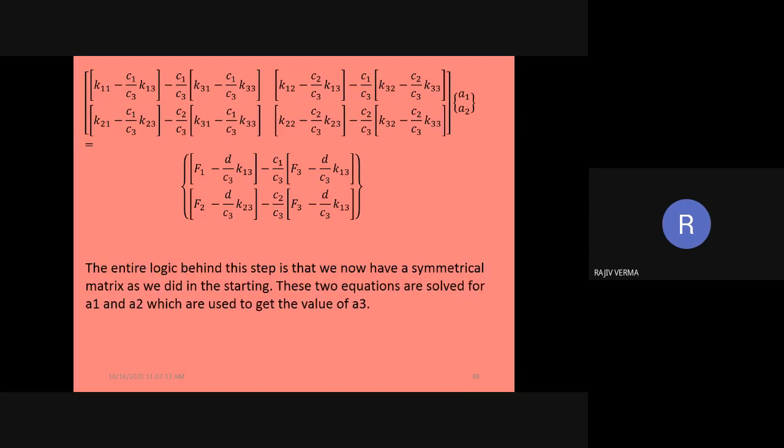The entire logic behind this step is that we now have a symmetrical matrix as we did in the starting. These two equations are solved for A1 and A2, which can be used to get the value of A3 from the constraint equation.